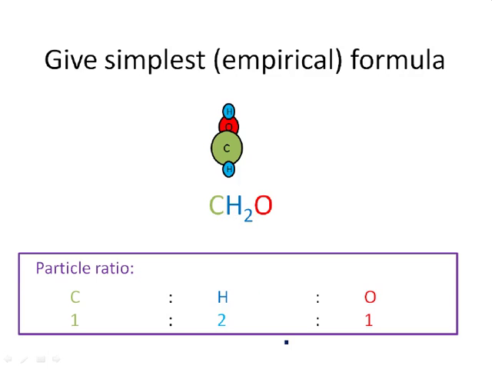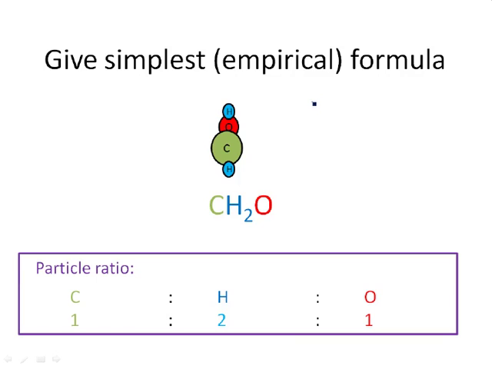But what you need to appreciate is that although this is the ratio, 1:2:1, of carbon to hydrogen to oxygen particles within a molecule of glucose, it doesn't necessarily mean that there really is only one carbon atom and two hydrogen atoms and one oxygen atom in a glucose molecule.